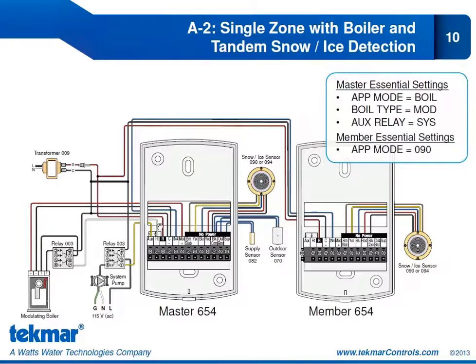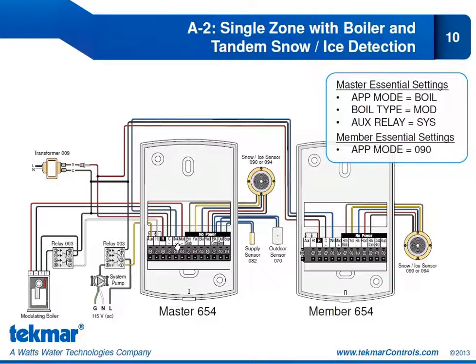Our heat relay will be providing the enable signal to our boiler. Now, because that heat relay is tied to the R, we require the isolation relay. Whenever that heat relay closes, it's going to energize this relay, which will provide the enable signal to the TT. We're of course also connecting this boiler to the mod output from the 654.